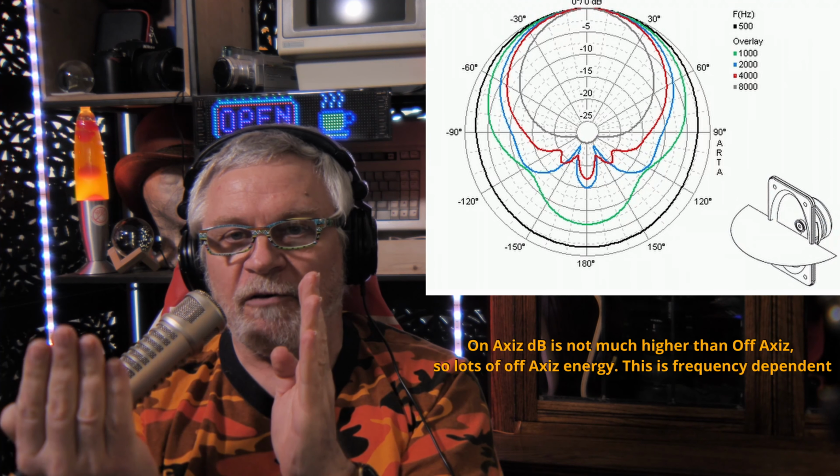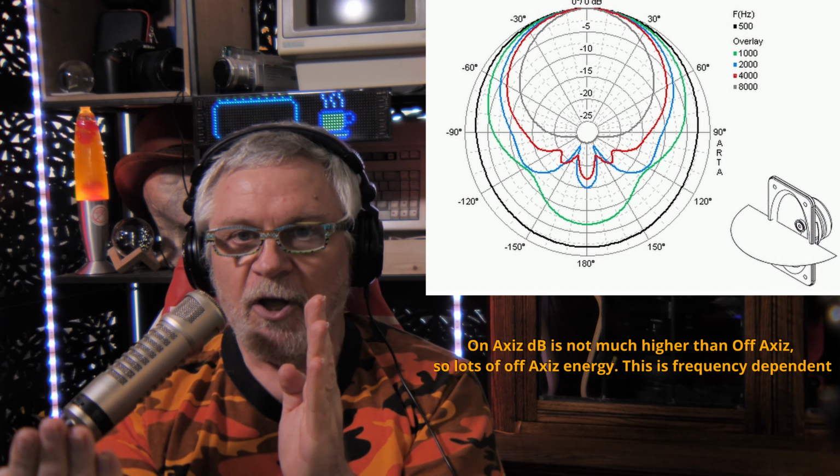There's a lot of off-axis response, which means that depending on where the speaker is, if it's got a high degree of off-axis and it's not as directional, that may cause interference, and the speakers may have to be further apart and further away from you for that type of speaker. So that's one thing to look out for when you look at speakers, is the on-axis versus off-axis if sound staging is important.